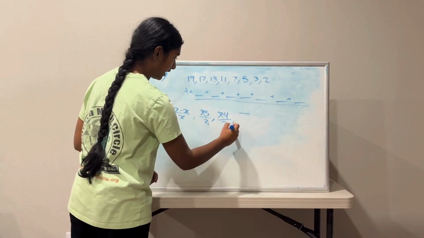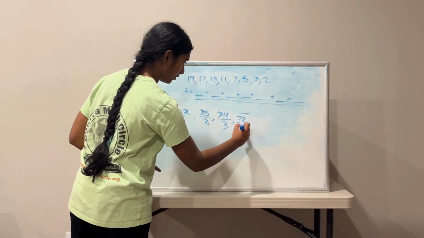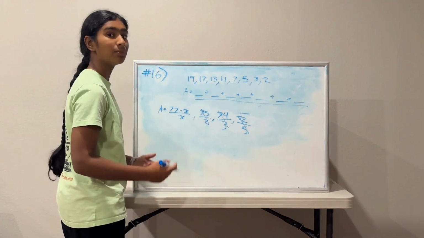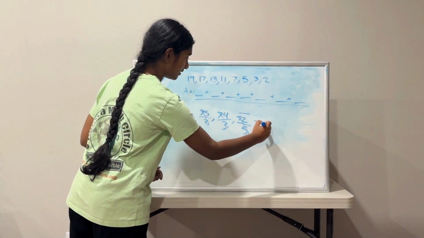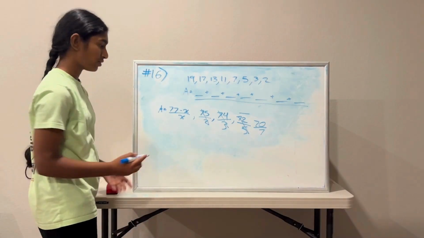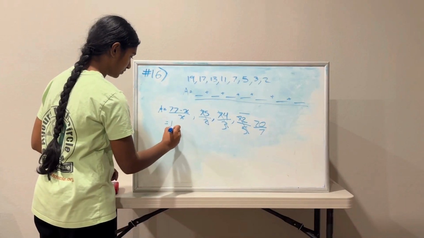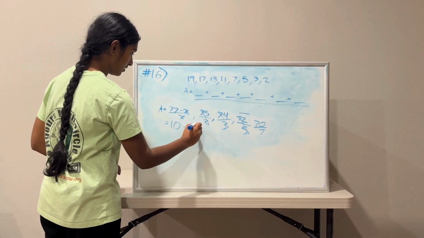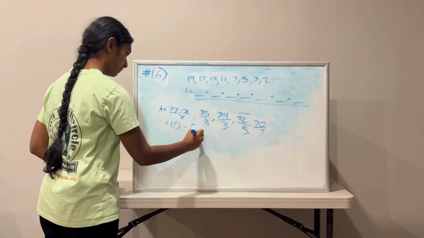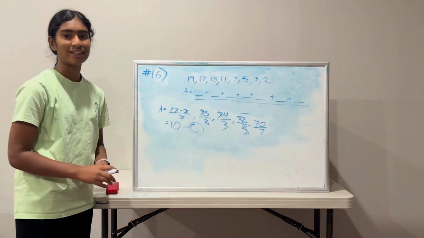And the next 5, we got 72 over 5, which doesn't work. Followed by 7, which would be 70 over 7, which does work. That's an integer. So A equals 10, which is C. So our answer is C.